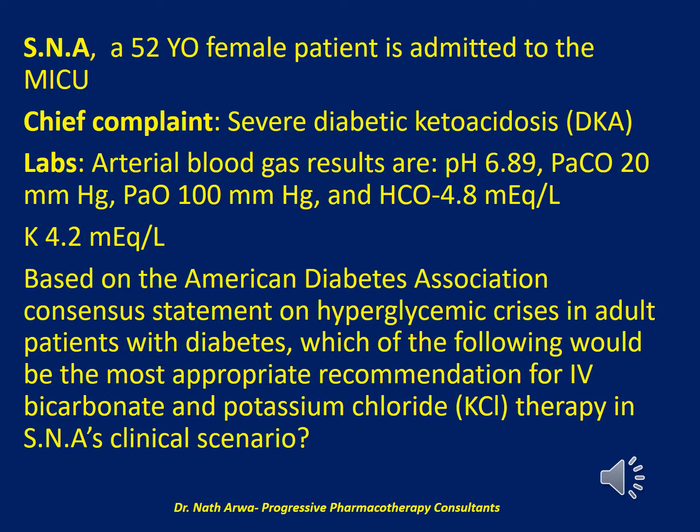Based on the American Diabetes Association Consensus Statement on Hyperglycemic Crises in Adult Patients with Diabetes, which of the following would be the most appropriate recommendation for IV bicarbonate and potassium chloride therapy in SNA's clinical scenario?